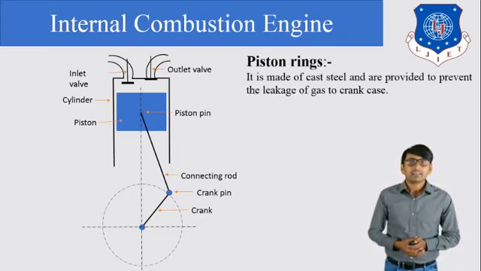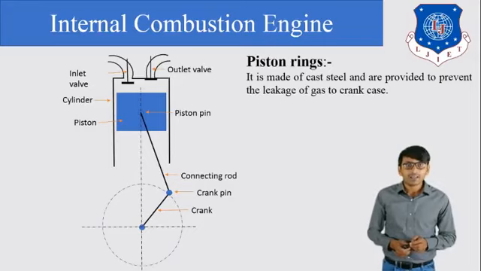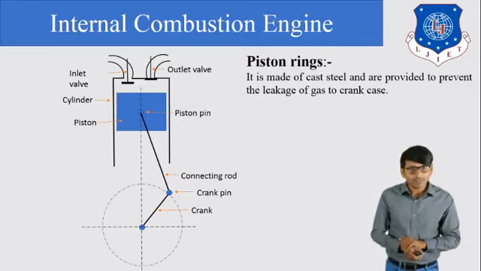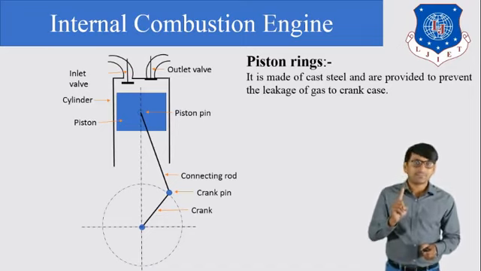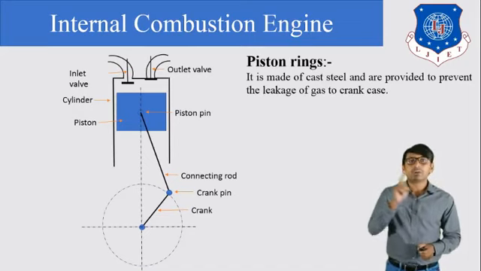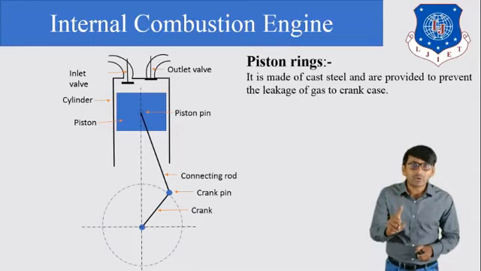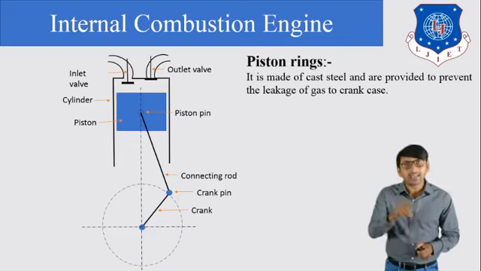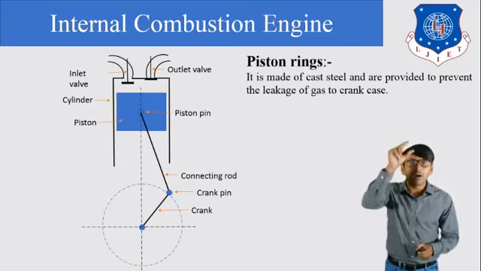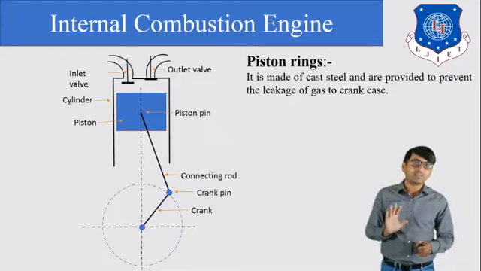Then the next one, that is the piston ring. Around the piston there is a ring provided which makes tight contact with the cylinder. The piston ring is mounted around the piston so that there is tight contact between piston and cylinder, and hence there is no leakage of gas from the upper side to the lower side.